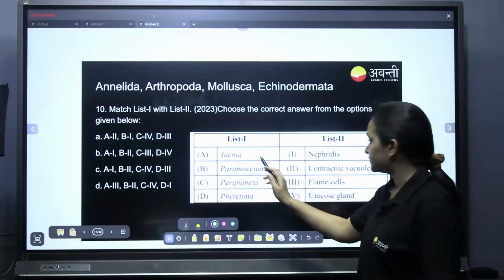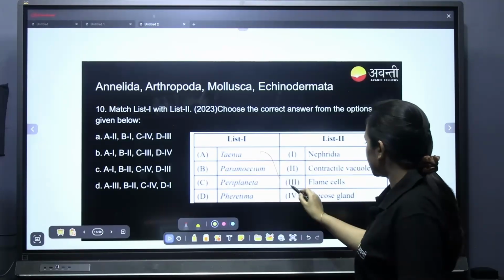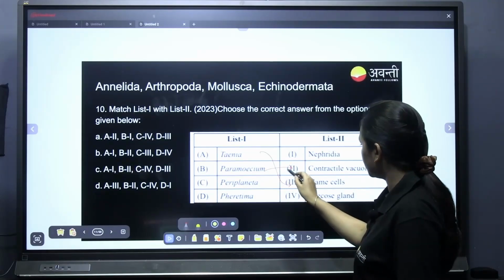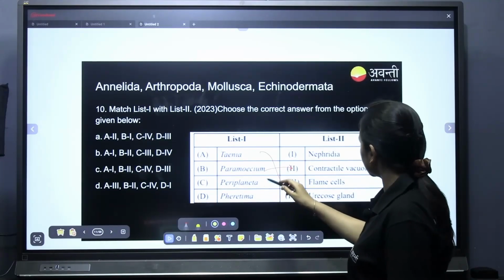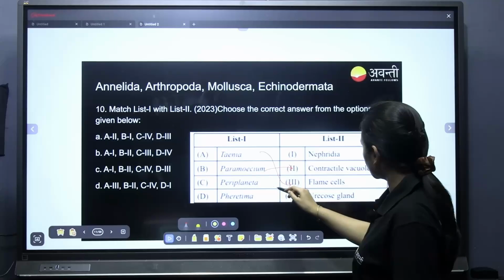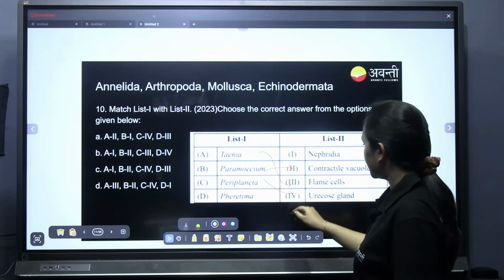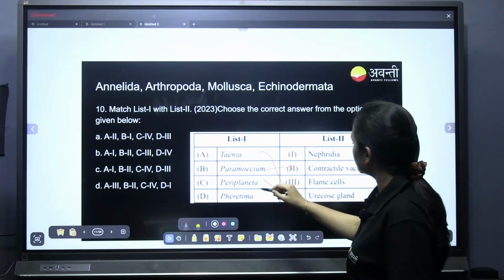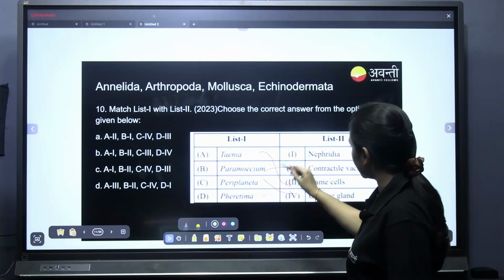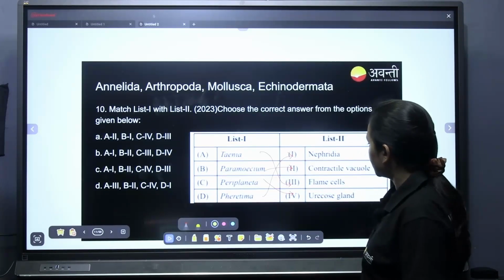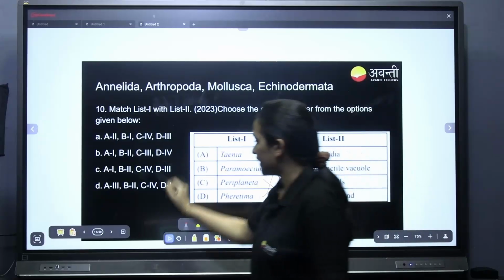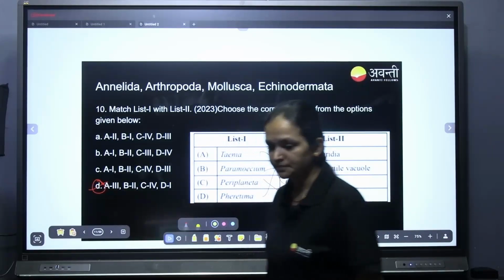Taenia is a flatworm and the excretory cells are flame cells. Paramecium has the contractile vacuole. Periplaneta americana is a cockroach and it has uricose gland, and pheretima is an earthworm, it has nephridia as excretory organs. So it becomes A as 3, that is D for Delhi.